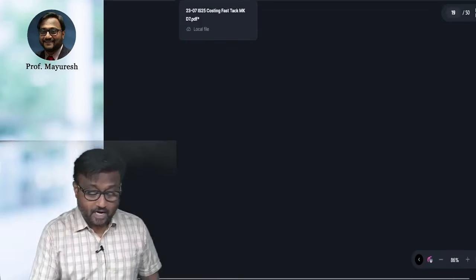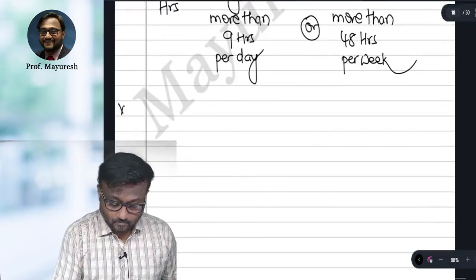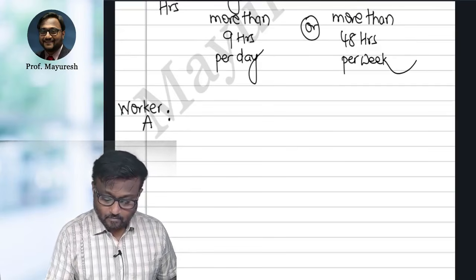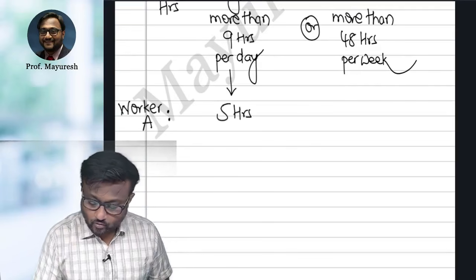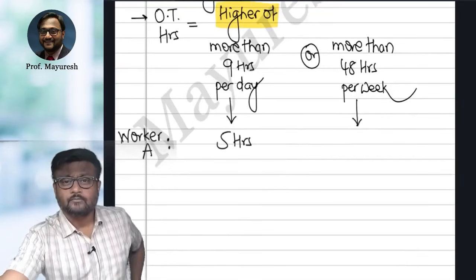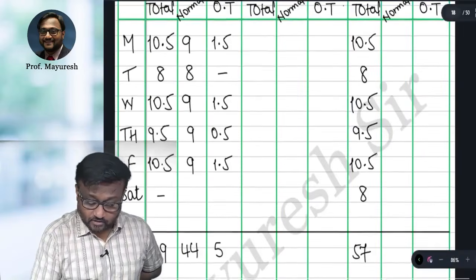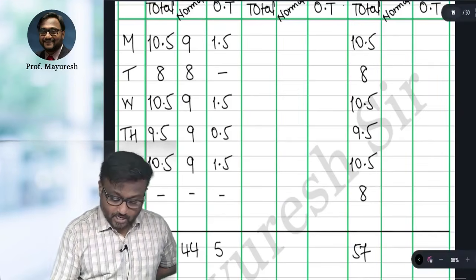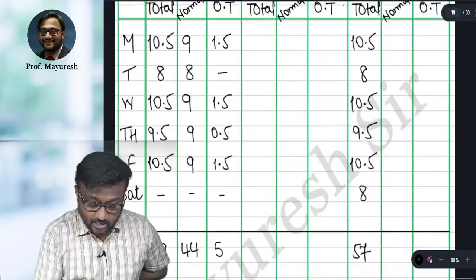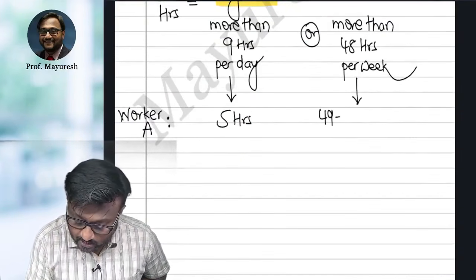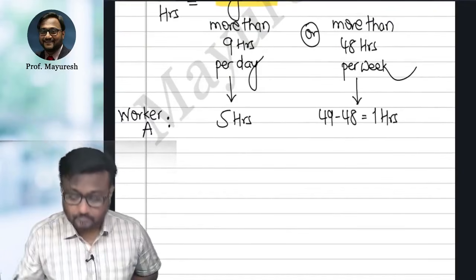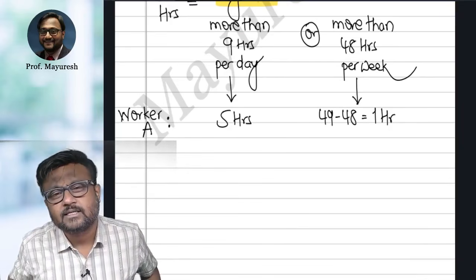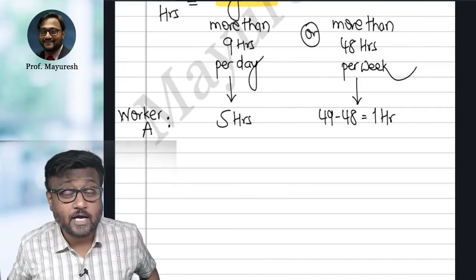Now in case of worker A, I have worked for 5 extra hours, more than 9 hours per day. But if I talk weekly, 49 hours of work has been done, and 49 minus 48 is only 1 hour extra. Are you understanding this? On the basis of 9 hours per day you have 5 hours overtime.